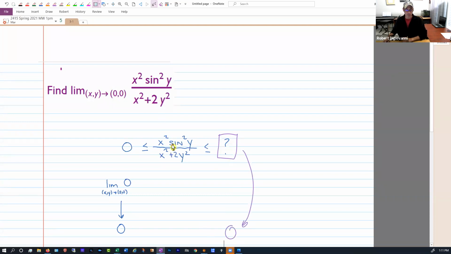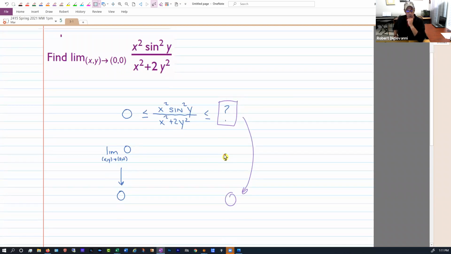If that's true, then we've got the squeeze. But we need to come up with the right side. So can anybody think of what? There's two things you have to think of here. Something that is bigger than this all the time, and you're going to be able to take the limit and get the answer. But that's a problem, isn't it? Didn't we already say that taking a limit of a function of two variables is like impossible for us to do?